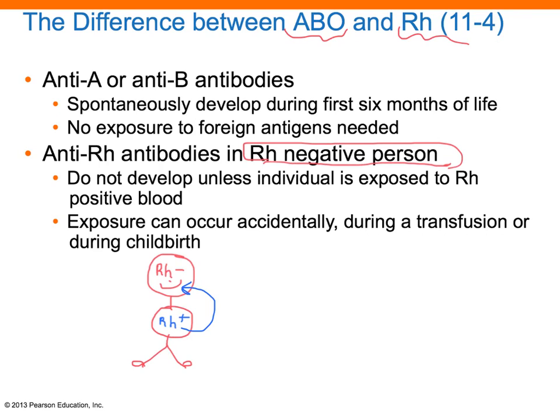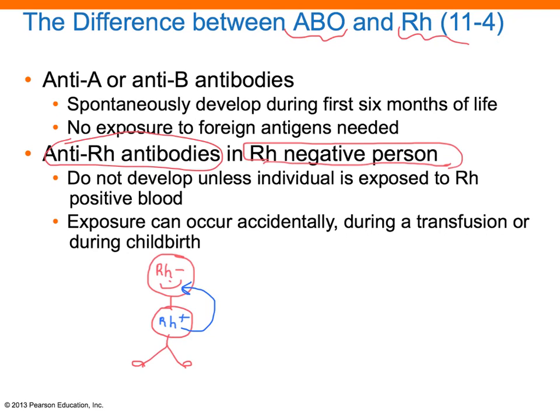And those RH positive cells might stimulate the maternal tissues to begin producing anti-RH antibodies. Previously this was not needed, but now, since there's exposure, the anti-RH antibodies may develop.